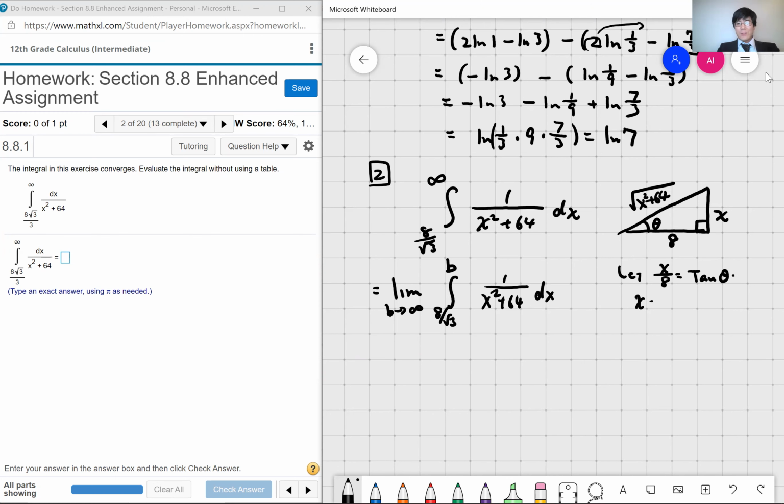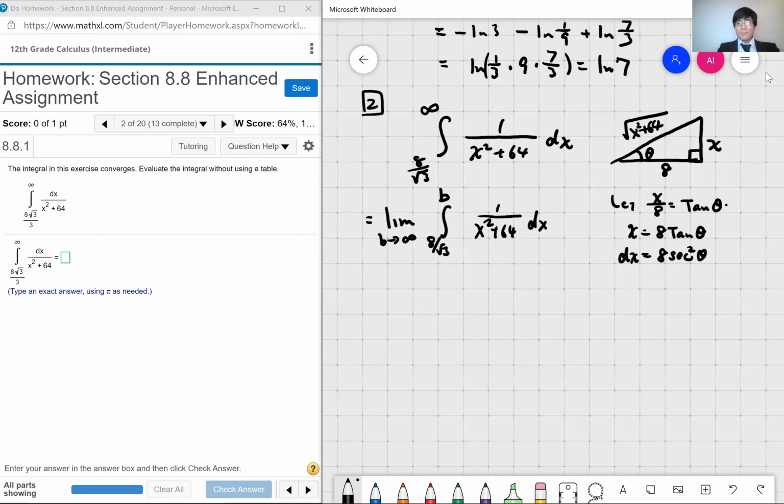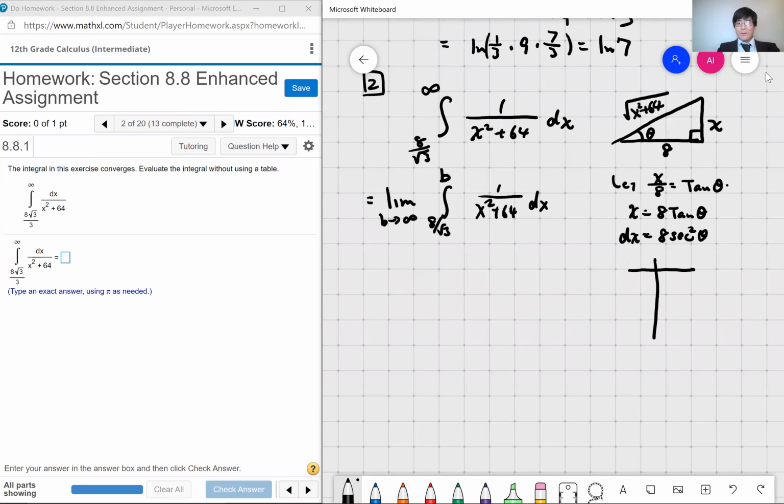So x is equal to 8 tangent theta. dx will be 8 times secant squared theta. x is ranging from 8 over square root of 3 through b.